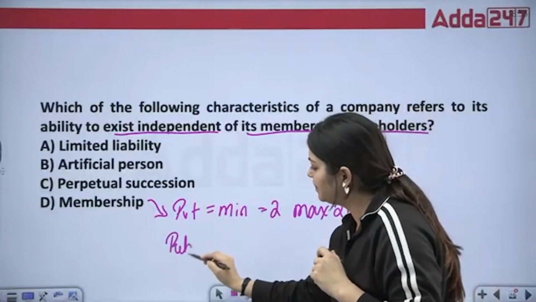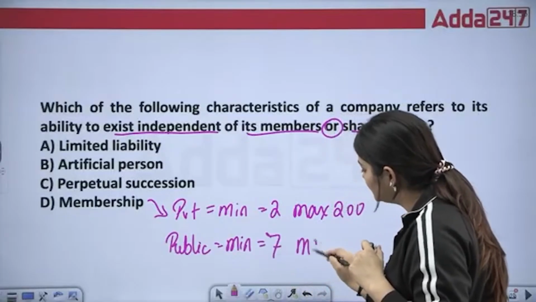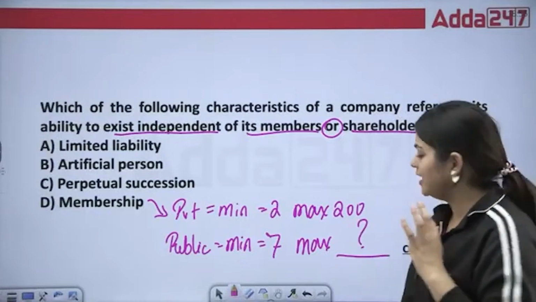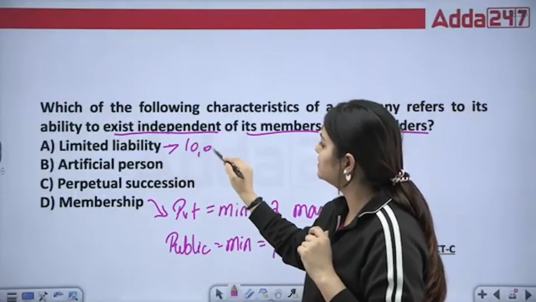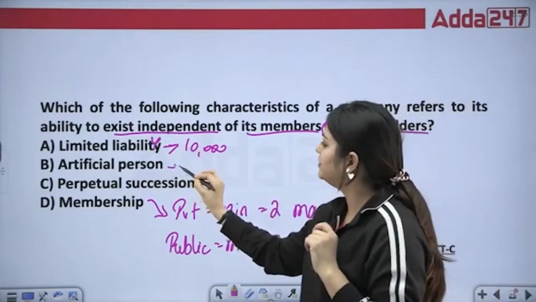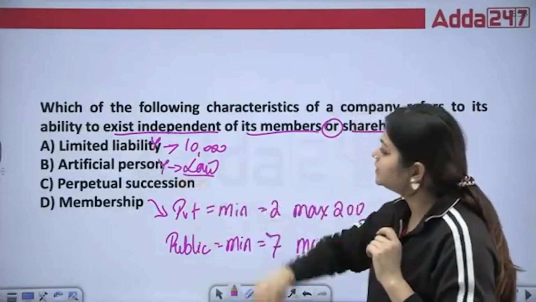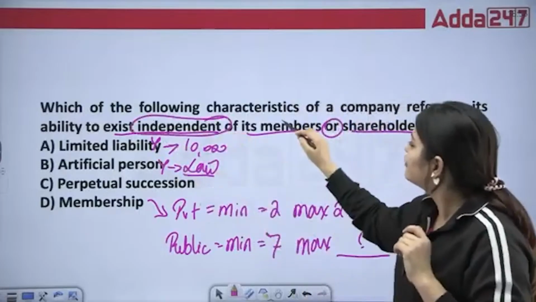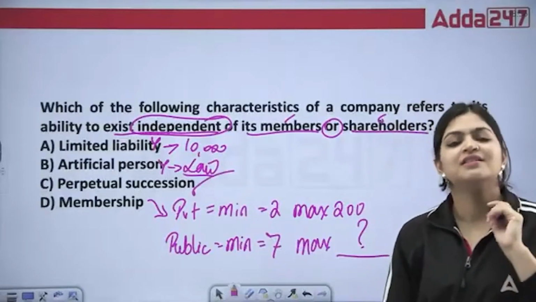Whereas if you are a public company, you require minimum 7 and maximum, tell me, what is it? Now you need to tell me the maximum members required. Then limited liability: if you are investing 10,000, you are going to lose 10,000 only. So we are not talking about this. Artificial person means as per the law, you are getting separate status. So this is also not your answer, because here they are saying your company is independent from your members or your shareholders. So the correct answer is perpetual succession.